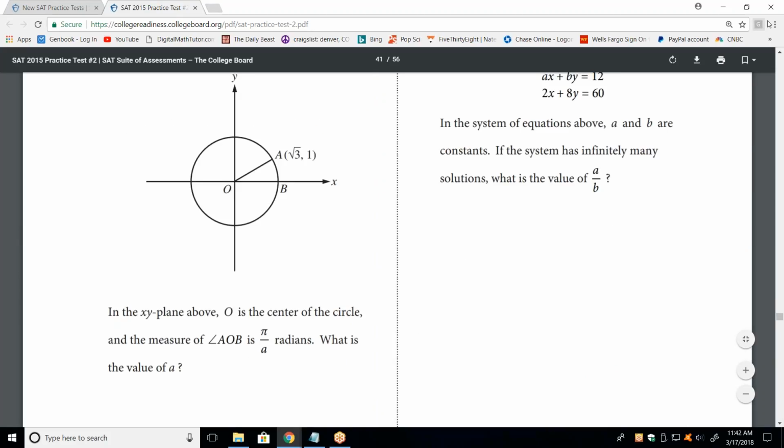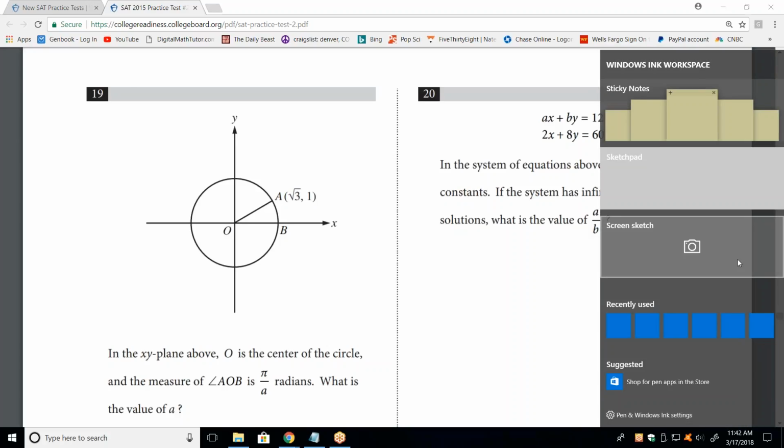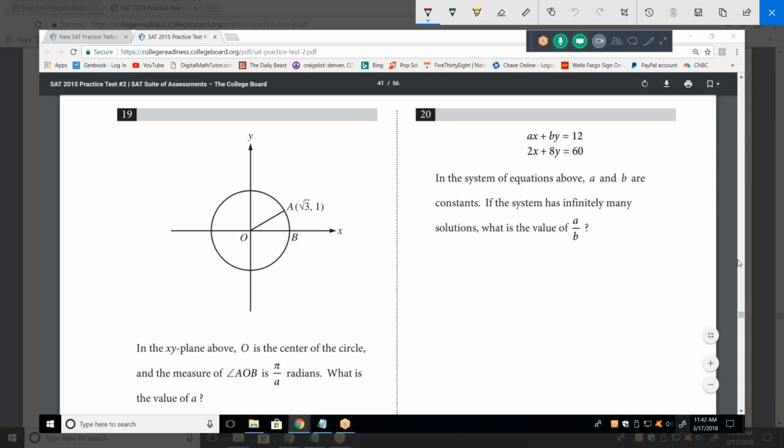Now, you'll notice they made that tough by making the bottom bigger. In other words, the bottom was 5 times bigger than the top. If they would have wanted to make it easier on us, they would have put this as the 60 and this as the 12.